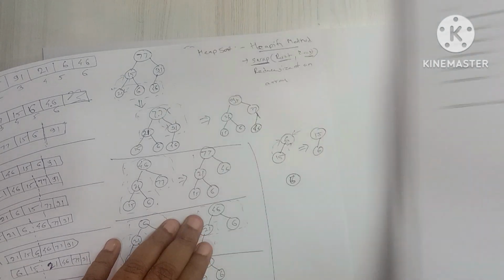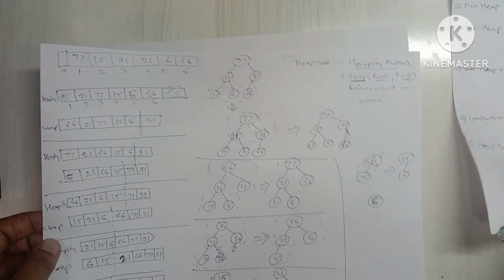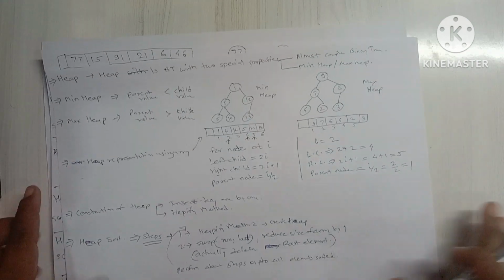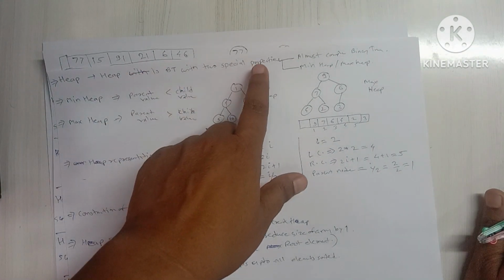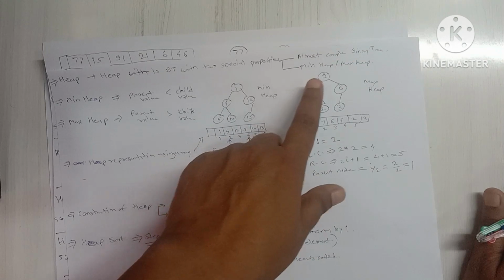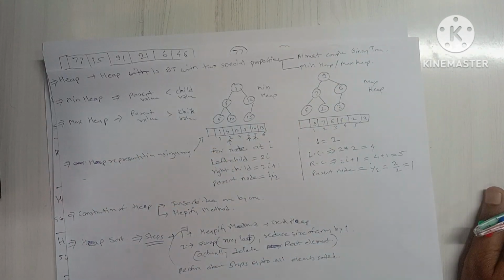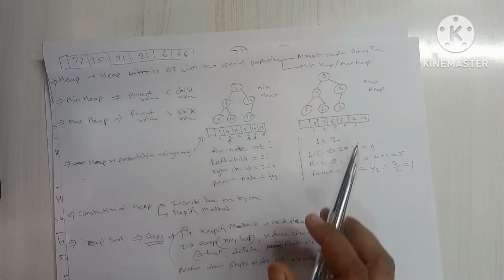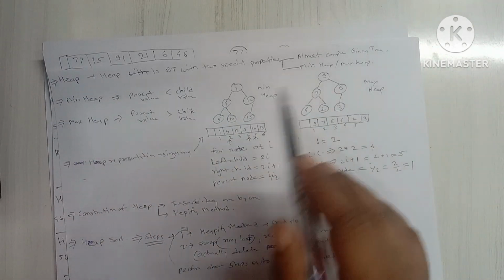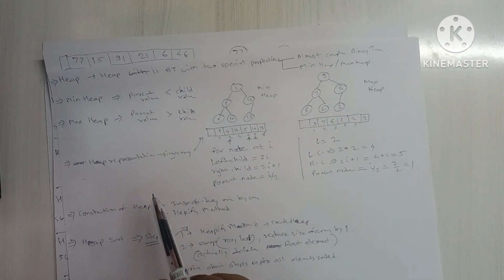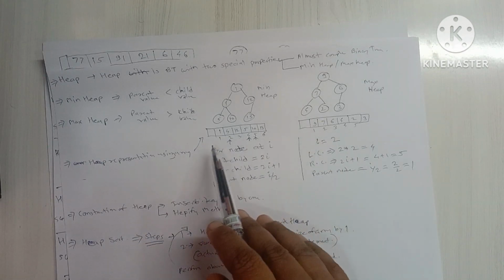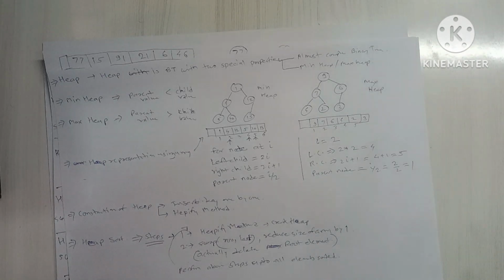So let's summarize this particular session. Previously we have seen what a heap is. It has two properties: it must be an almost complete binary tree, and it is a min heap or a max heap. Min heap means the parent value is less than the child value. Max heap means the parent value is greater than its child value. A heap can be represented using an array from index 1 to the number of elements.